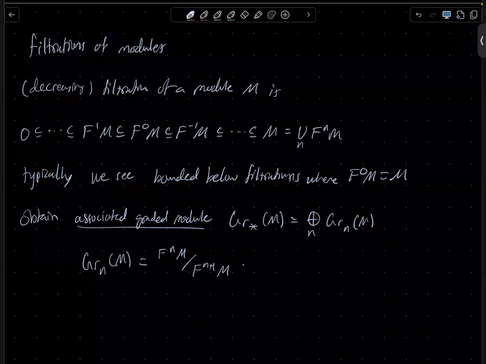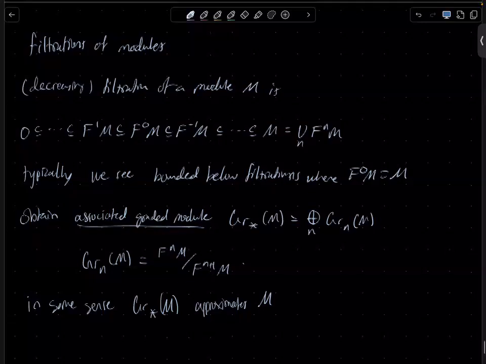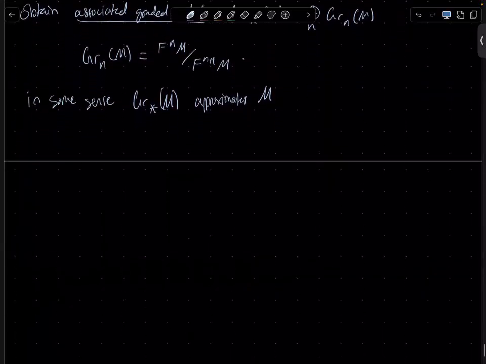The point is, in some sense, gr^* M approximates M. But it's only an approximation because of these extension problems.